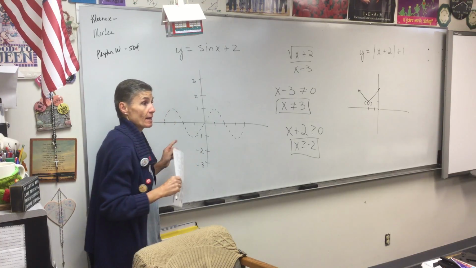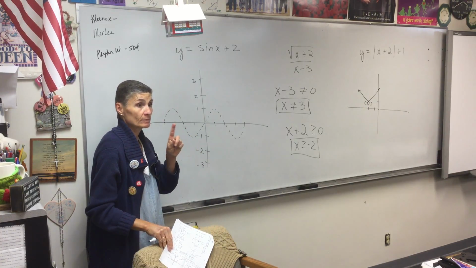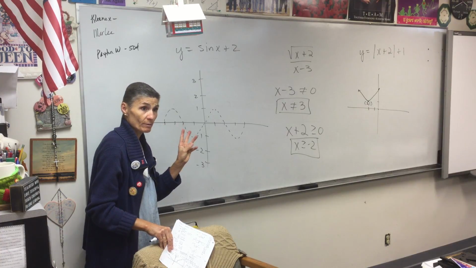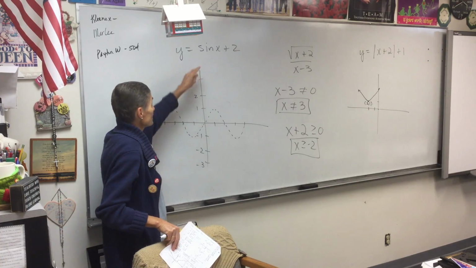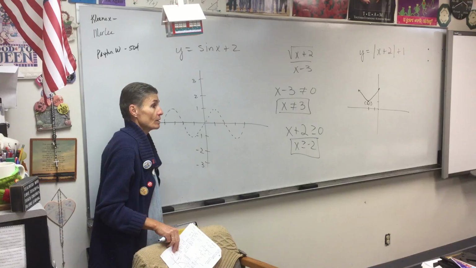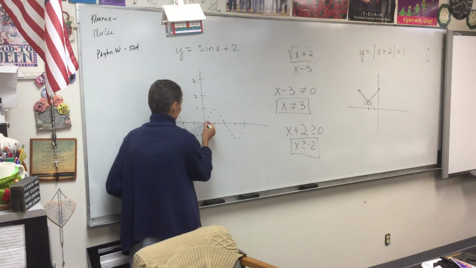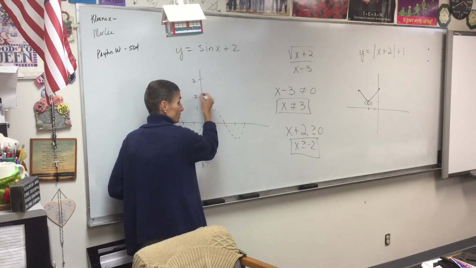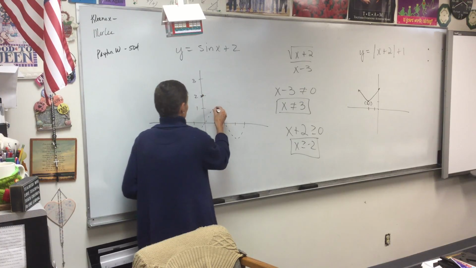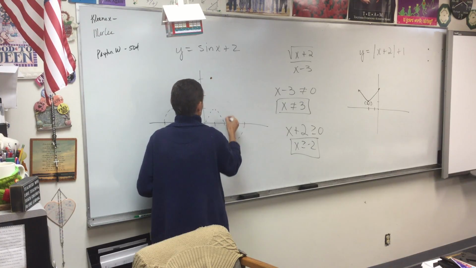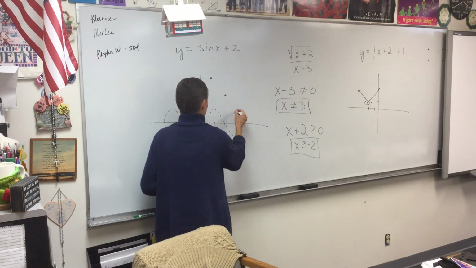That's my original sine curve. Is that okay with everybody? Going through the origin like that, are you okay with that? Now what am I doing to it? Moving it up 2. So this point is actually going to be up here now. Moving every point up 2.